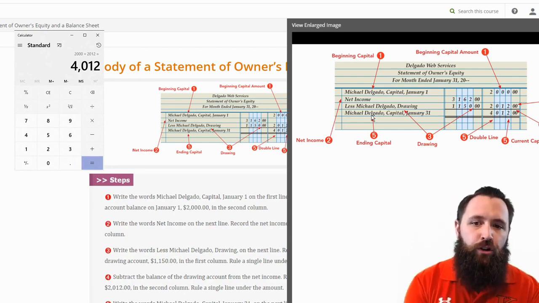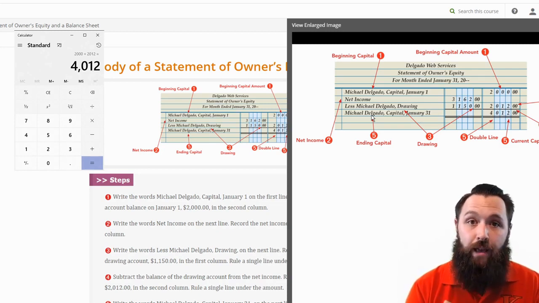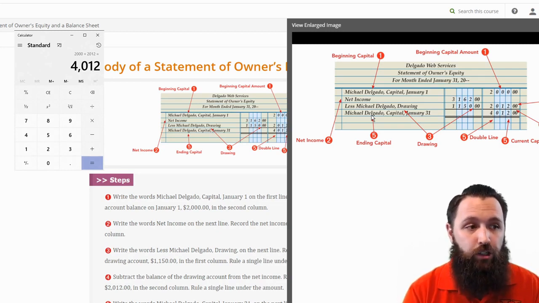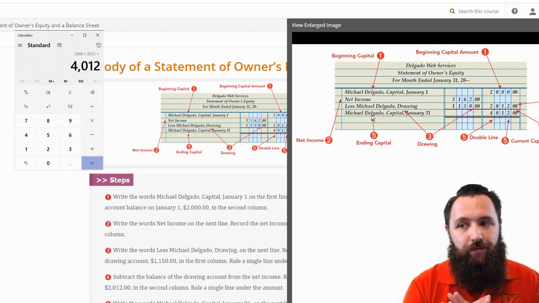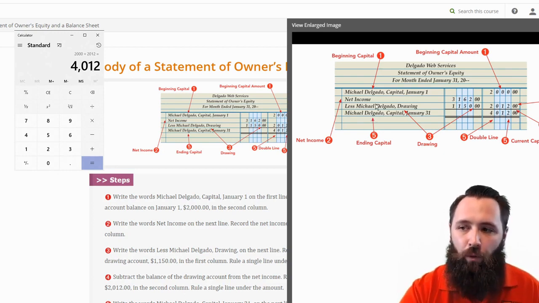So that is our new capital number. We are going to use this new capital number when we write out our balance sheet. So it's very, very important that you know how we got to this new current capital.